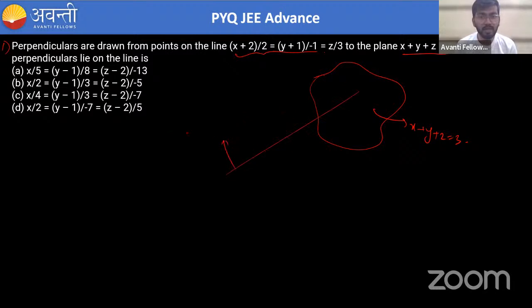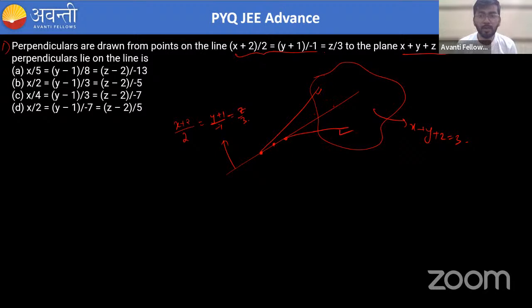This line is given by (x plus 2) by 2 equals (y plus 1) by minus 1 equals z by 3. Now from the points on this line, there are perpendiculars drawn to this particular plane.